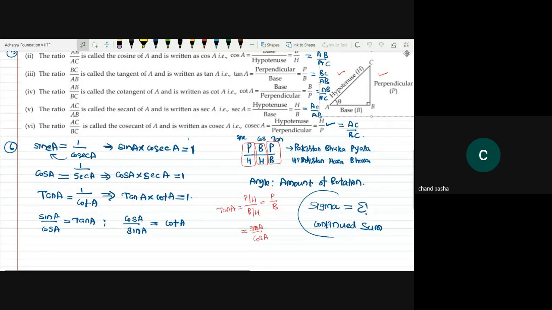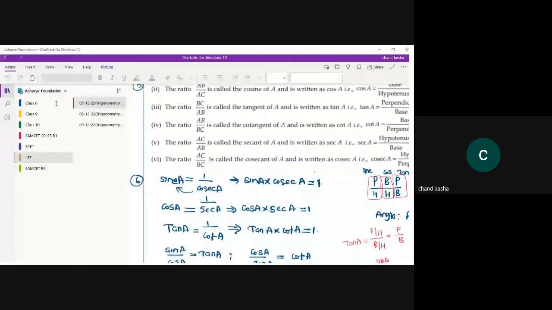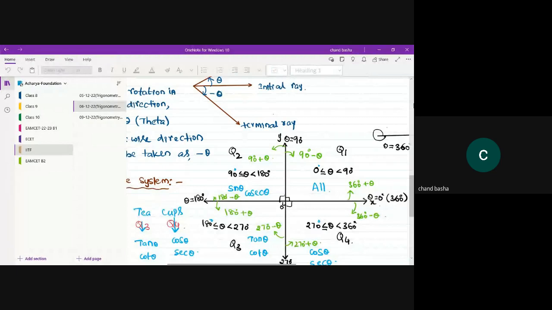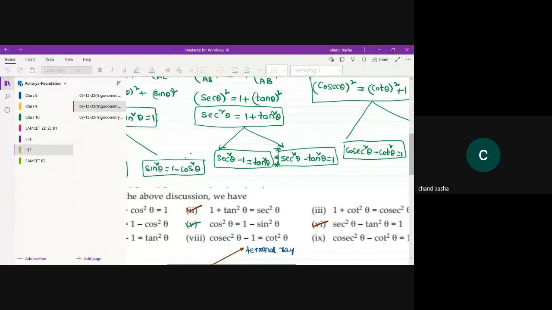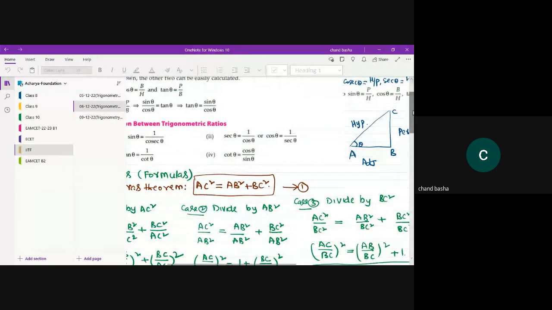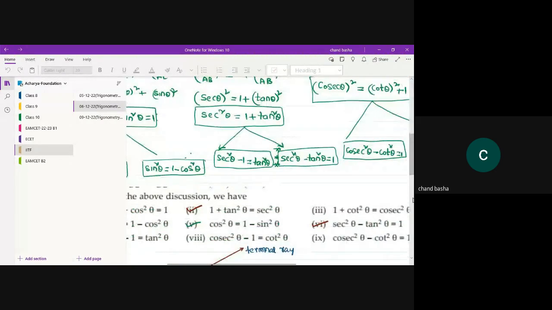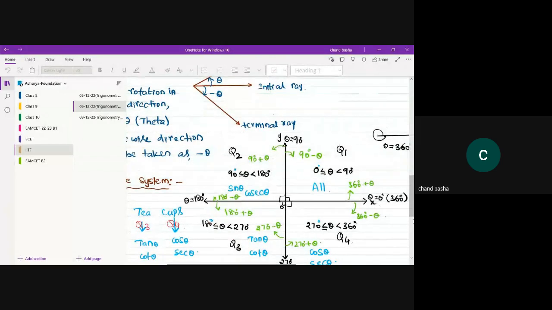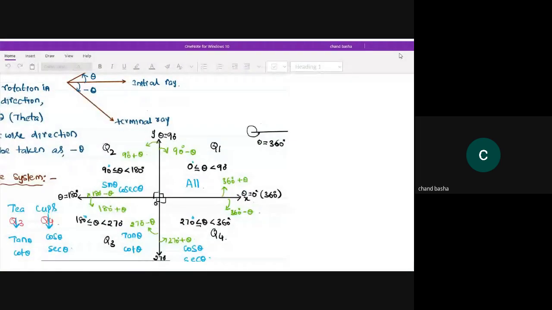Next, in class 2, we discussed the coordinate system and some important trigonometric identities. Three important identities we derived and proved also. Based upon the three trigonometric identities, we can have a few more deductions.